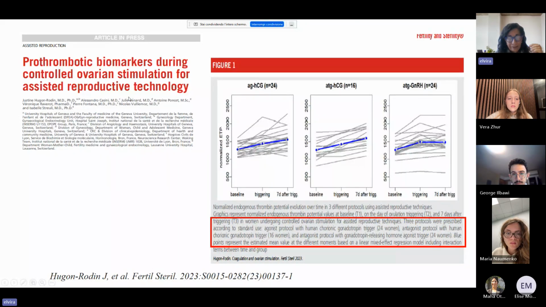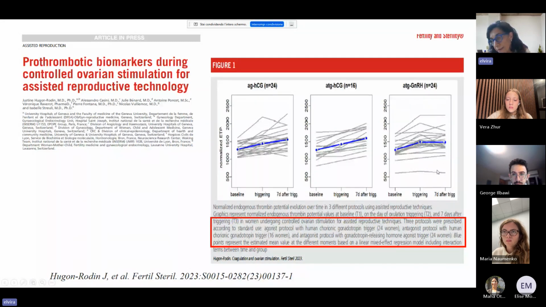This very elegant paper recently published has shown that when women take these pharmacological drugs with human chorionic gonadotropin, they show an increased thrombin generation. You can see in this case and in this other case different protocols, but both protocols are characterized by the use of HCG.